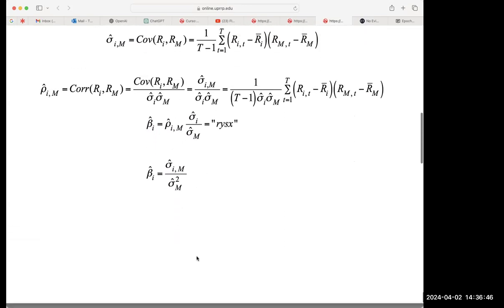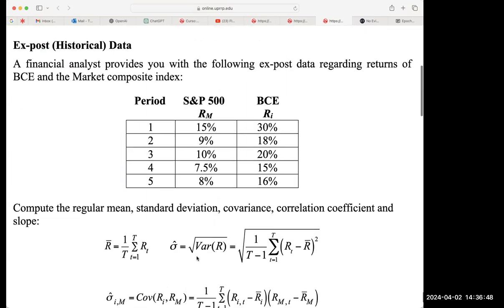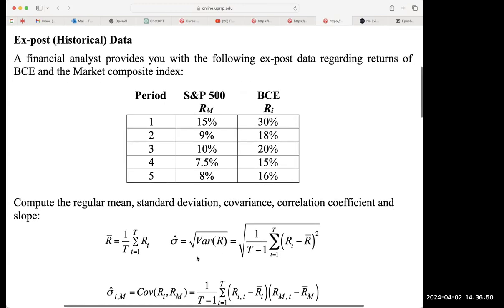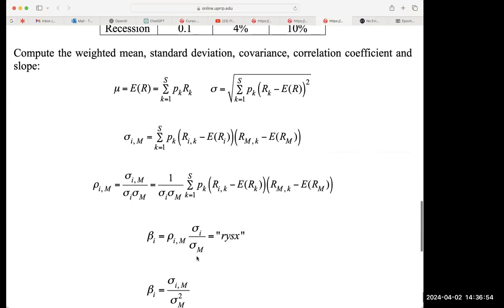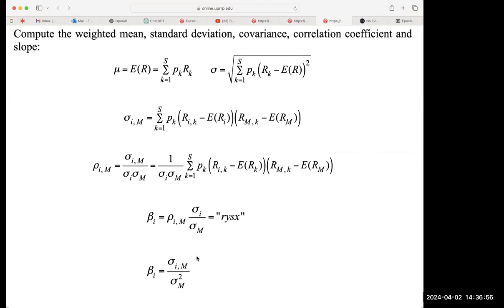So those are the formulas in the finance notation for ex post. These are the notation for ex ante. The subscripts are for the means of whatever you use, whether it's the market or the stock. This is the standard deviation, whatever you use, market or stock.